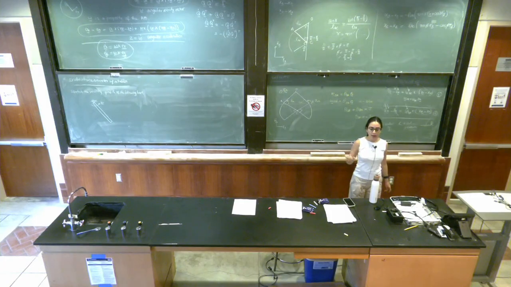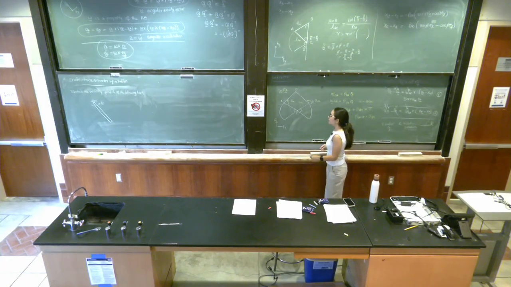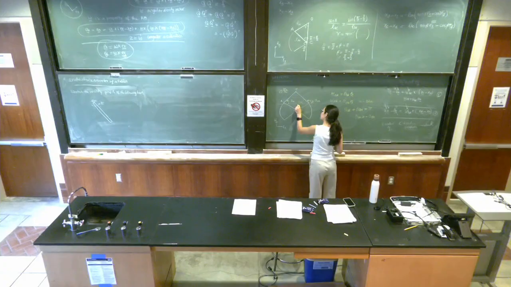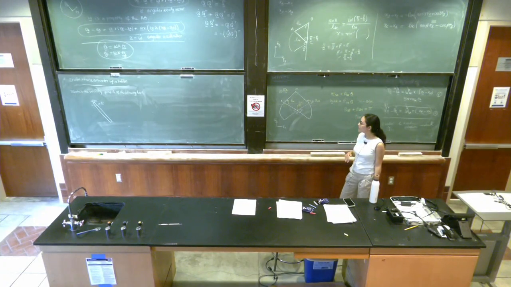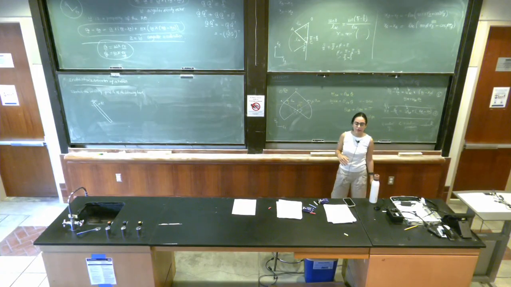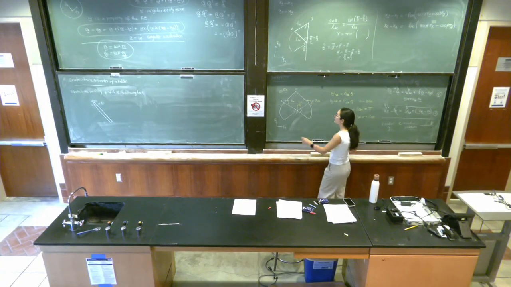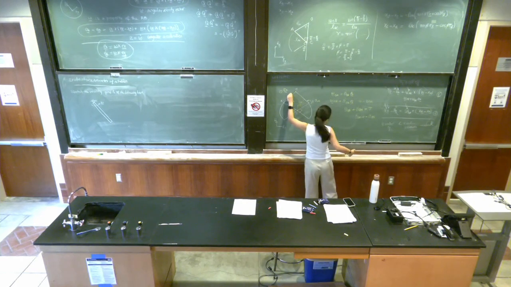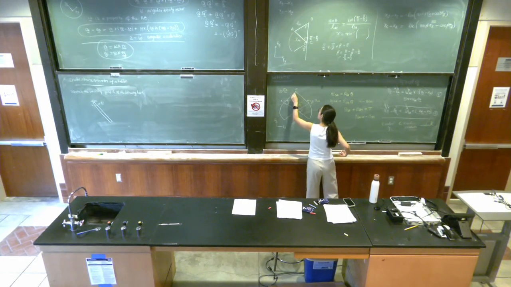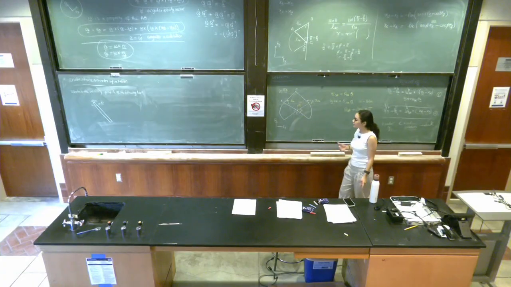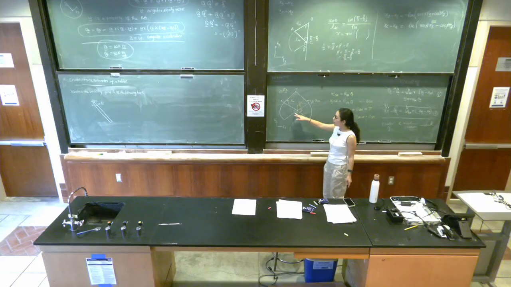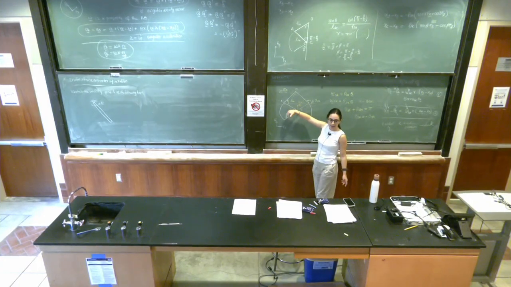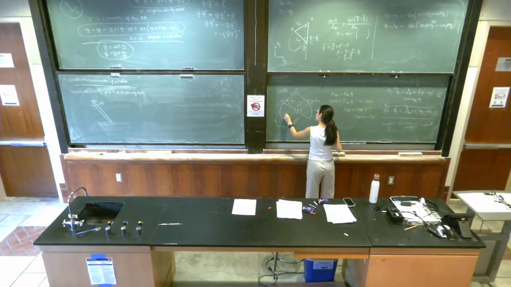If I come back to this problem, VC is pointing up, right? How is the angular velocity of OA? Is it going to be along EZ, or along minus EZ? VC is pointing up. This is rotating like this, right? Omega AC.